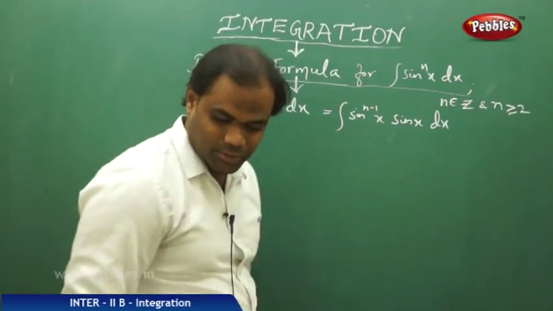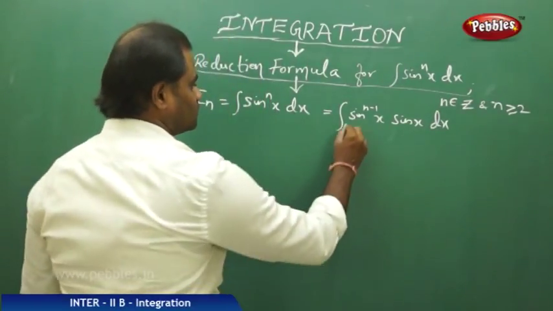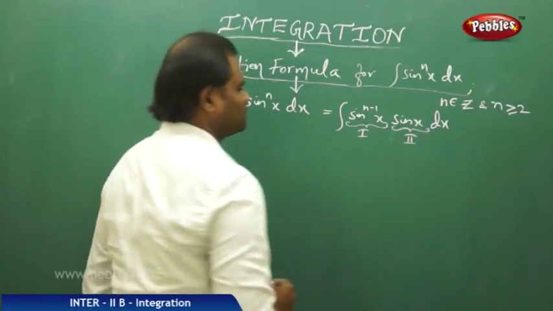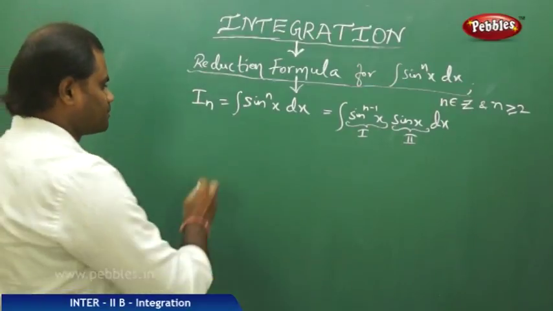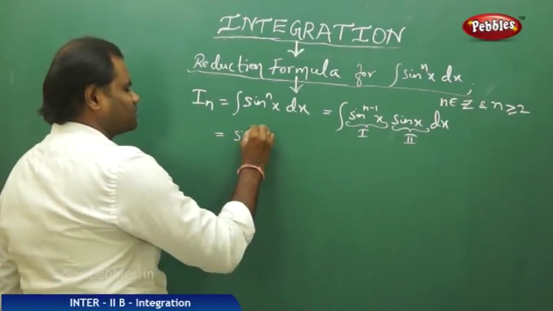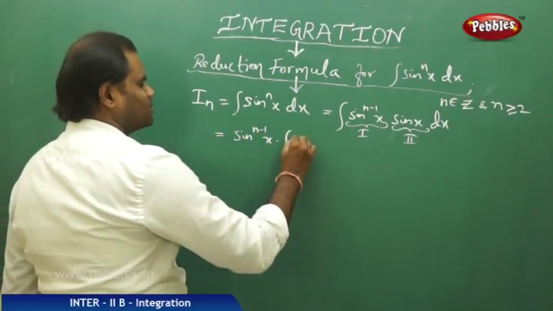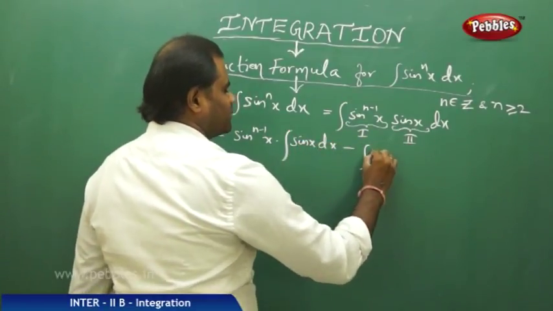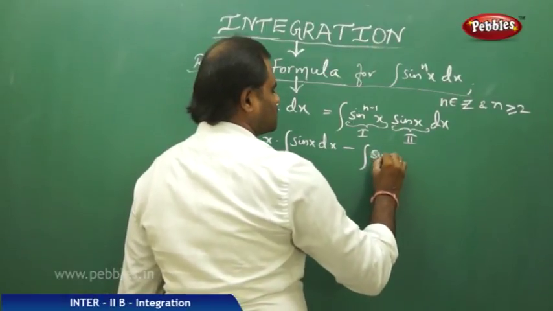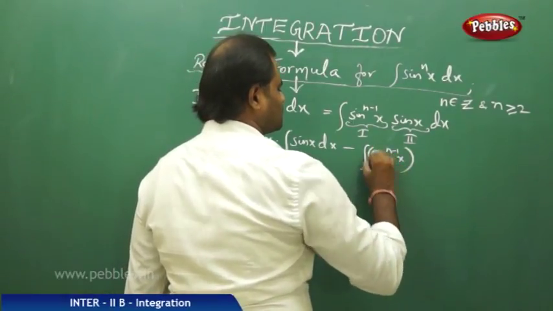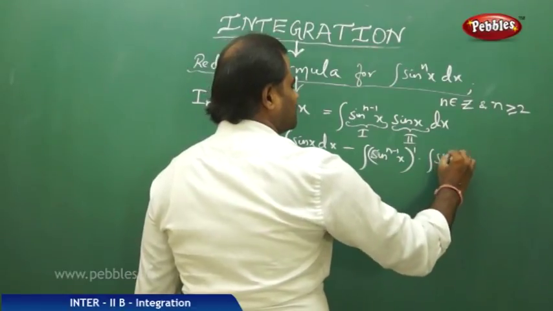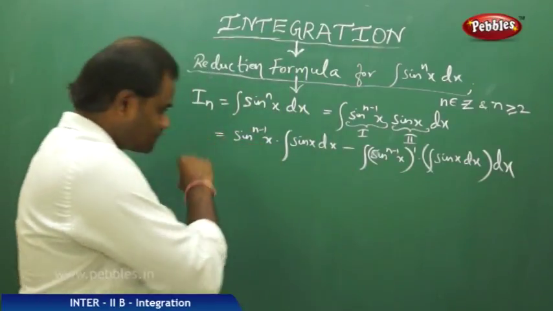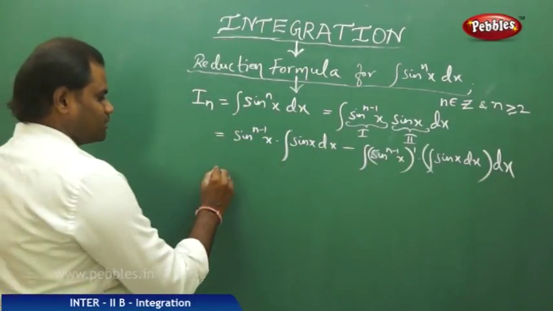Now this is assumed as the first function and this as the second function, and then integration by parts leads to first function into the integral of second minus the integral of the derivative of first into the integral of second of this.